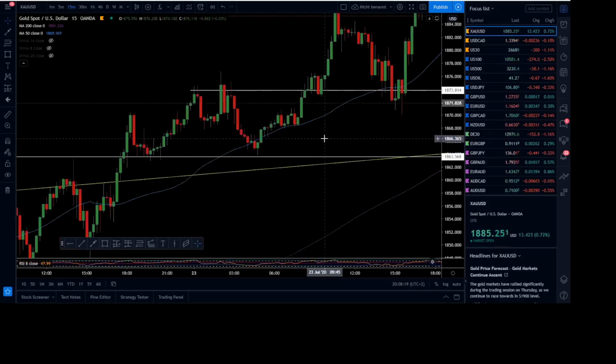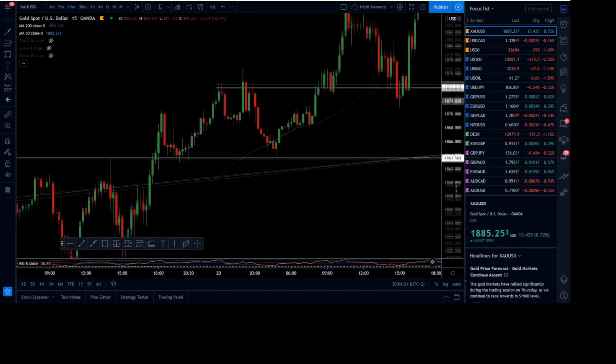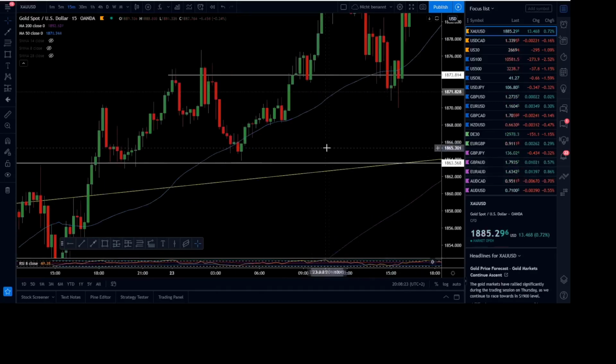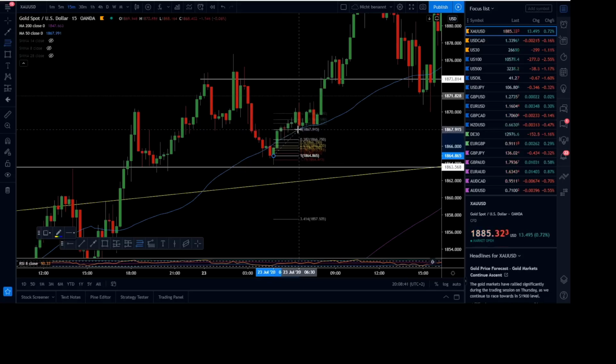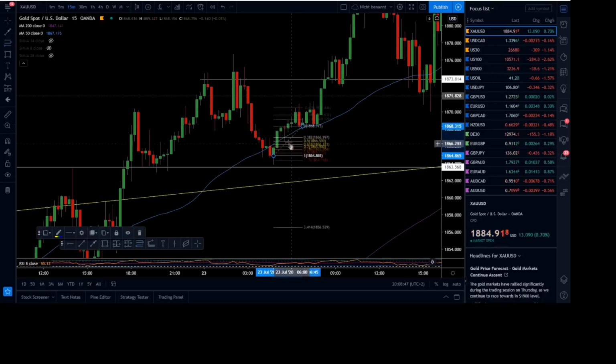Or another thing you could do is use a Fibonacci. You could use a Fibonacci and wait for a pullback inside of this ongoing move. This is the origin of the breakout. Boom, it breaks out, and then we have a 50% pullback.